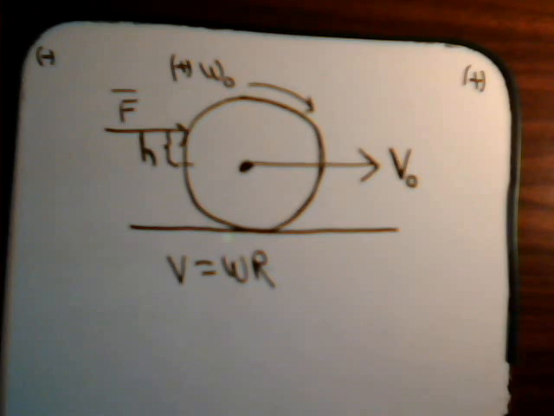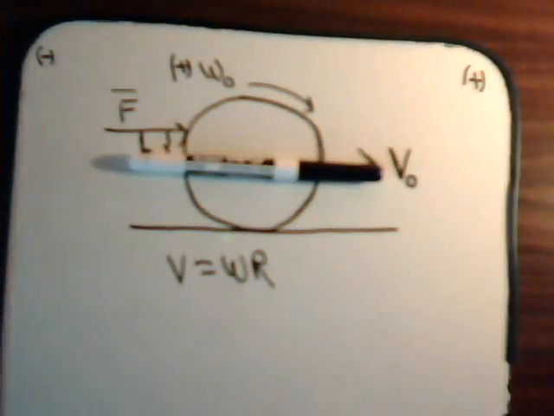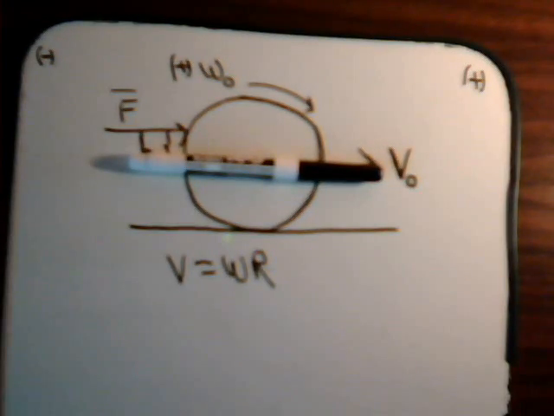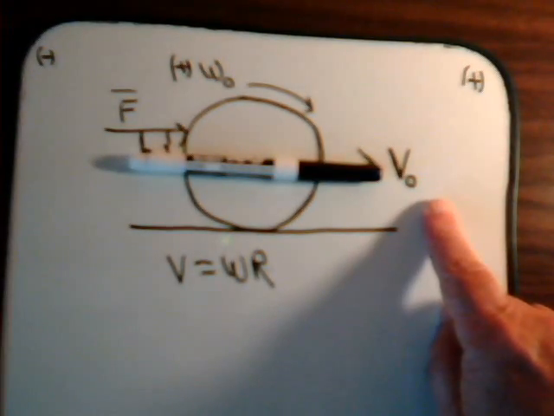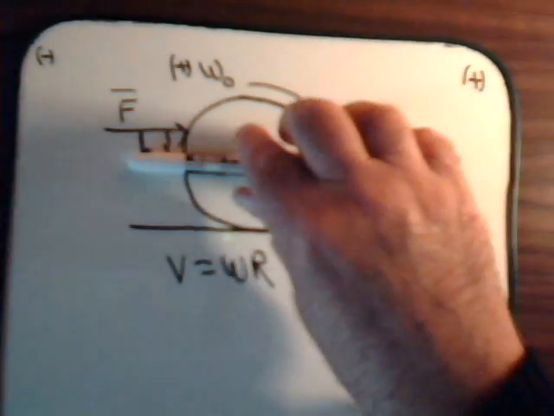Now, in videos 32 and 33, we had considered what happens when you hit the billiard ball right in line with its center of mass. When you do that, it has a forward linear velocity, but no angular velocity.